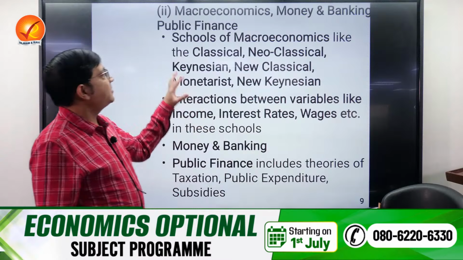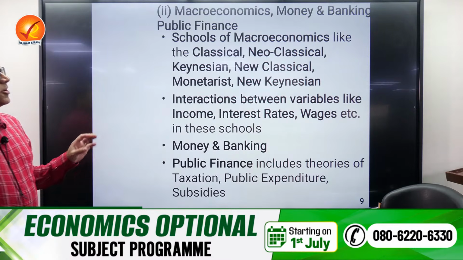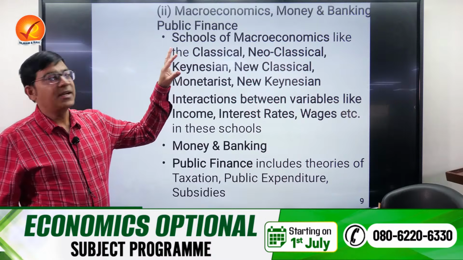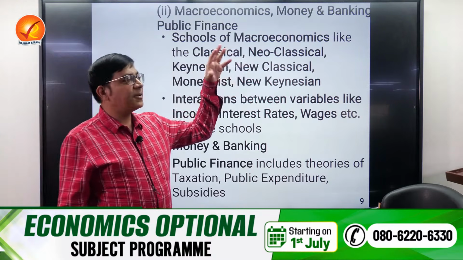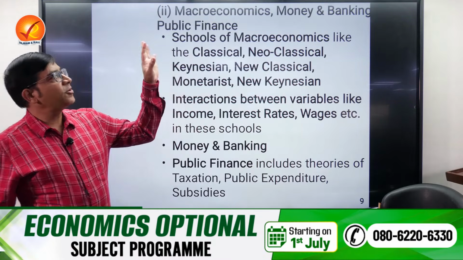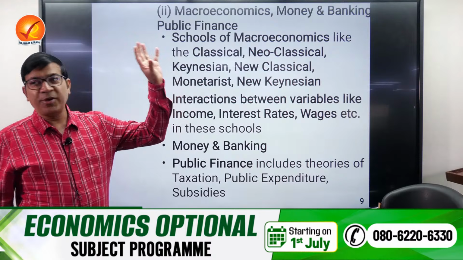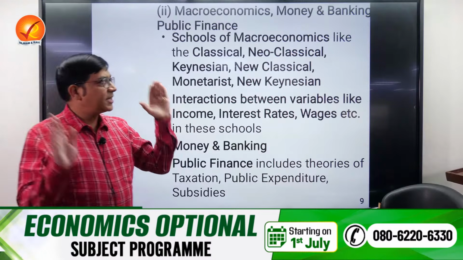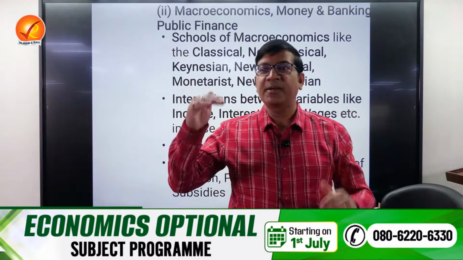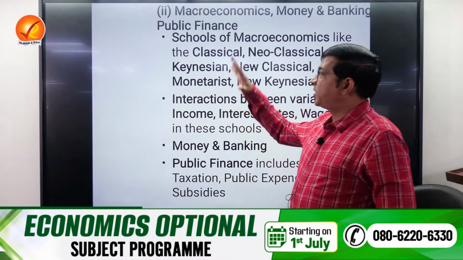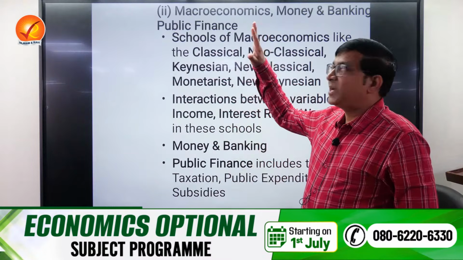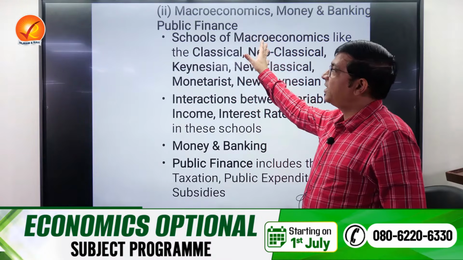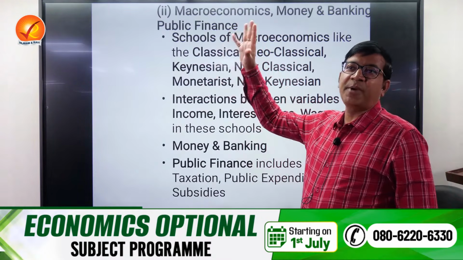Second part is macroeconomics. This second part actually has three things: macroeconomics, money banking, public finance. Although generally, when we do economics in any university, we put it in three parts, and in the class also we'll do it in three parts. But I put it here as the same because money banking and public finance are somewhat linked with either macroeconomics or micro.